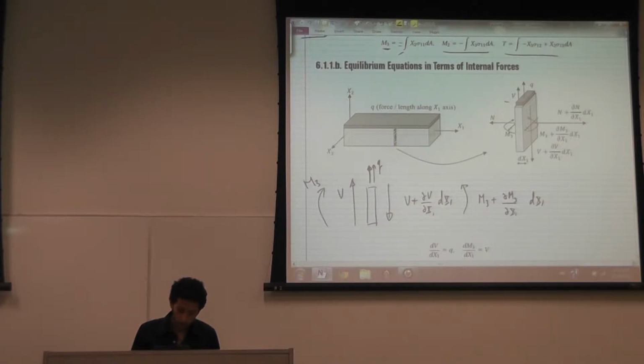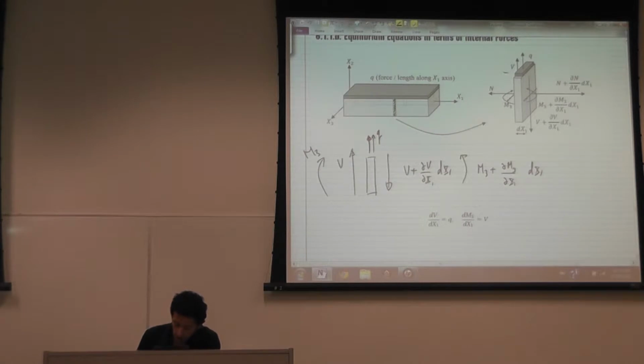I'm going to take the sum of forces in the vertical direction equal to 0. I get a differential equation that tells me dV by dx1 is equal to Q. And I'm going to take the moment around here equal to 0, then I get a relationship between this moment and the shear.